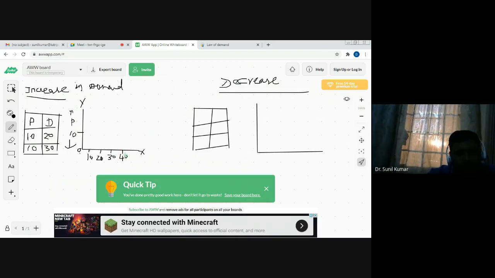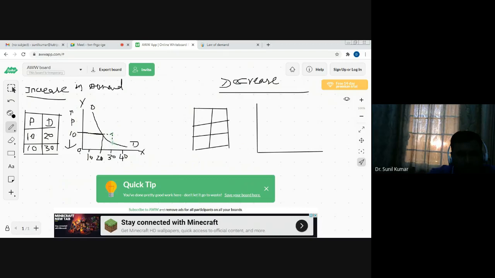So 10 to 20, just draw one. One demand curve prevails here. But at the same price, the demand increases to 30.